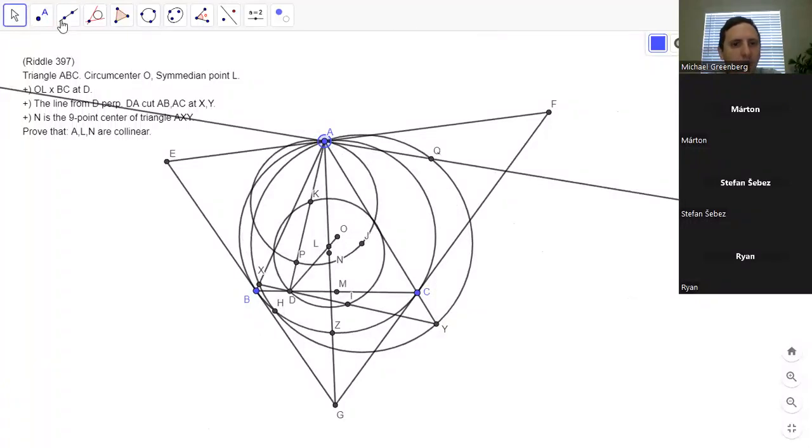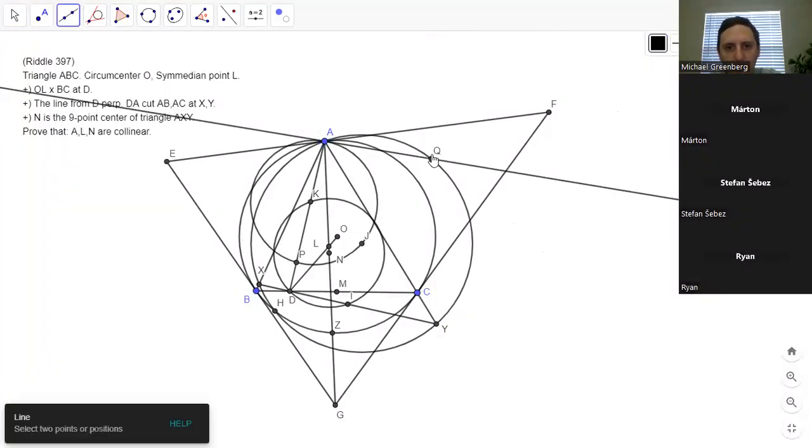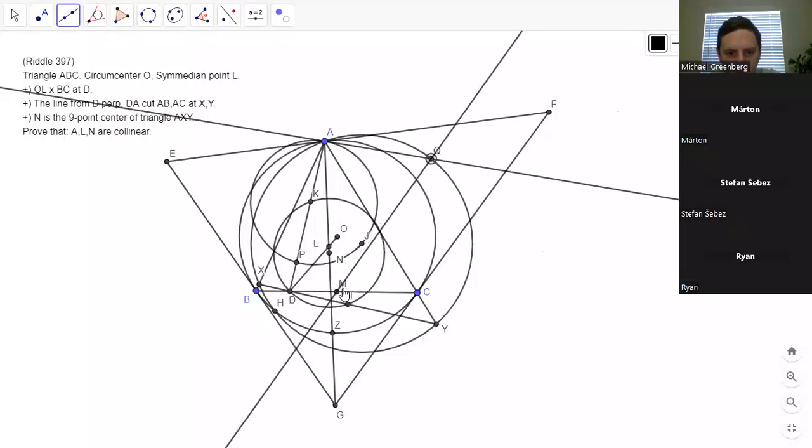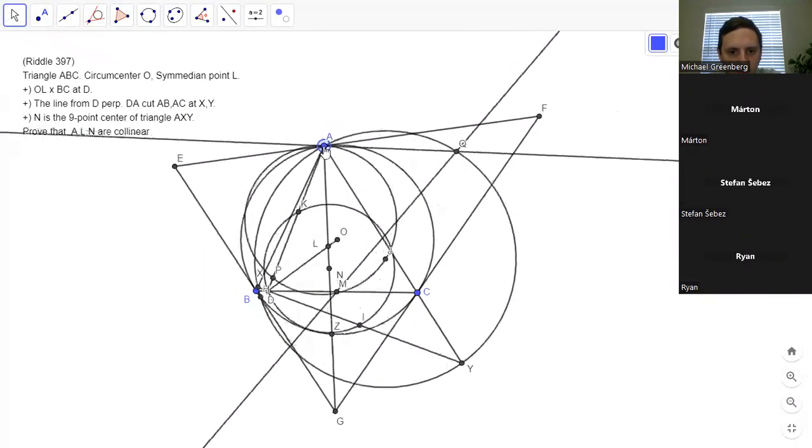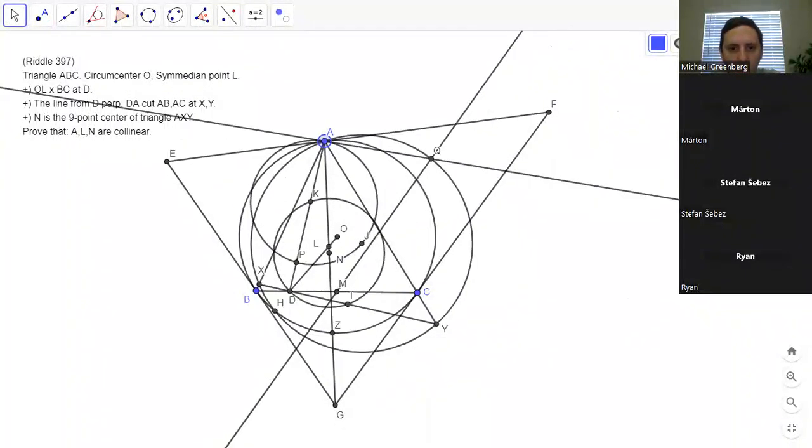And then QM, I don't think that's really concurrent though, even though it looks like it. No, it's not.